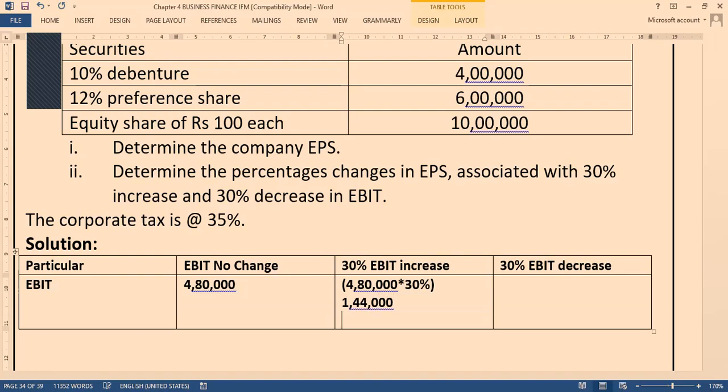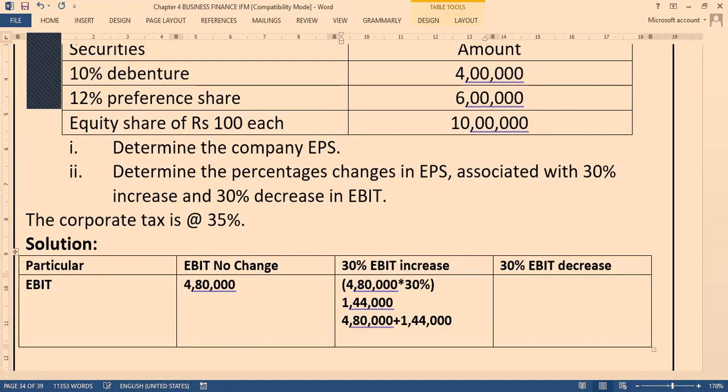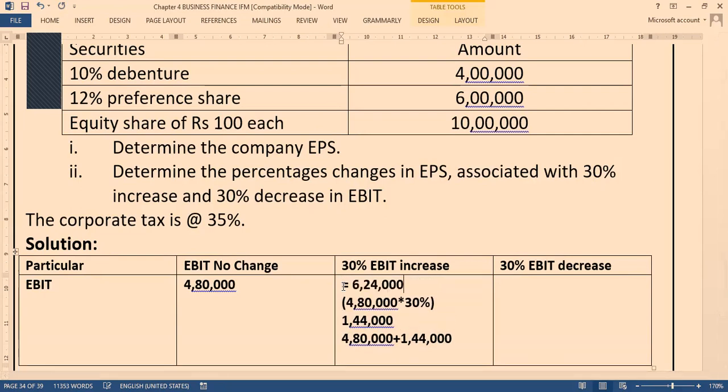Now we have to add, because in this case it has been increased: 4,80,000 plus 1,44,000, and we get around 6,24,000. In this case, the EBIT has been increased, whereas in previous cases it decreased. You have to be very cautious while solving the problem, whether it is increased or decreased.